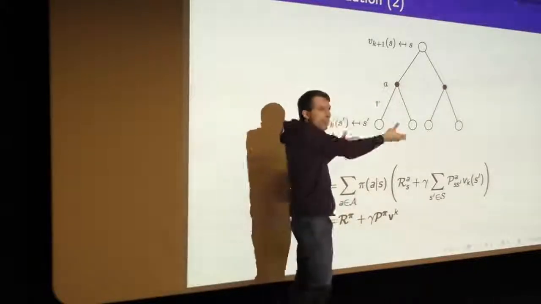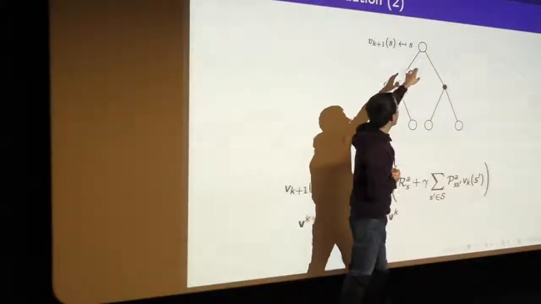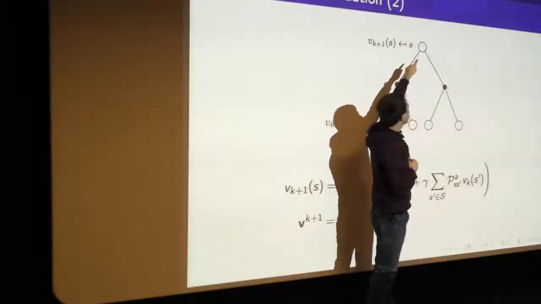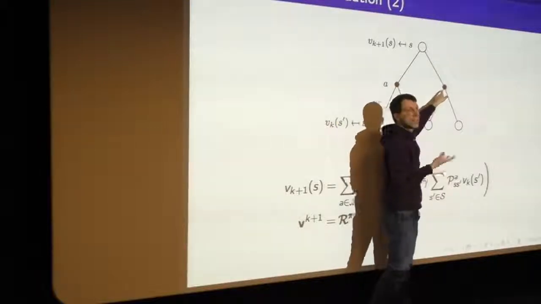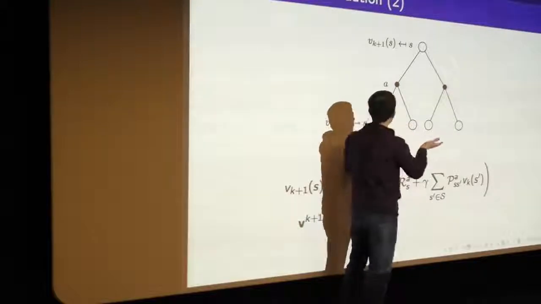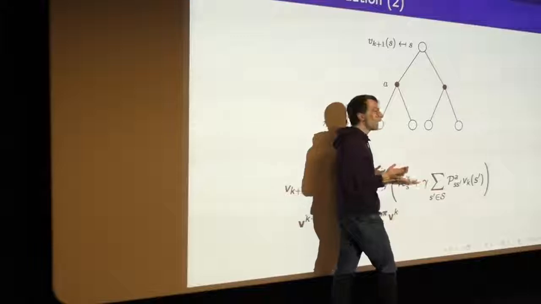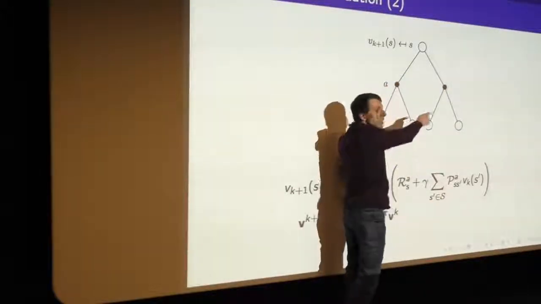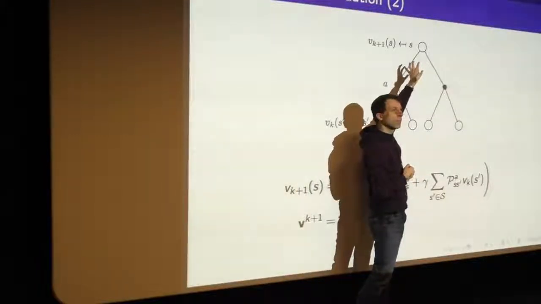But intuitively, I like to think of it as just a one-step look ahead. The value of the root is given by a one-step look ahead, where we consider all the actions we might take, the things I might do as an agent, and then all the places the wind might blow me. Then we look at the value of these successor states that we might end up in, and we back that all up, sum it all together weighted by the probabilities of each leaf, and that gives us our root value, the value function of the root.